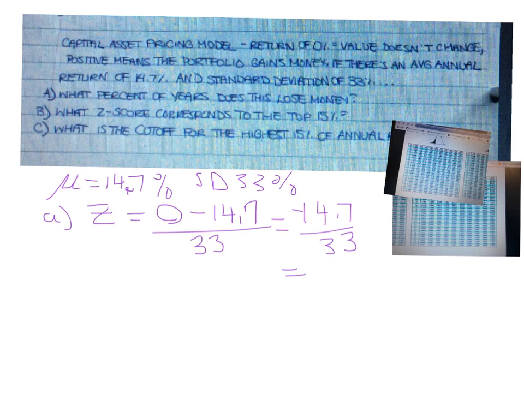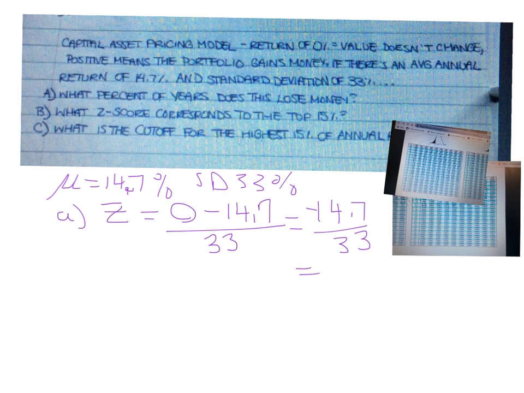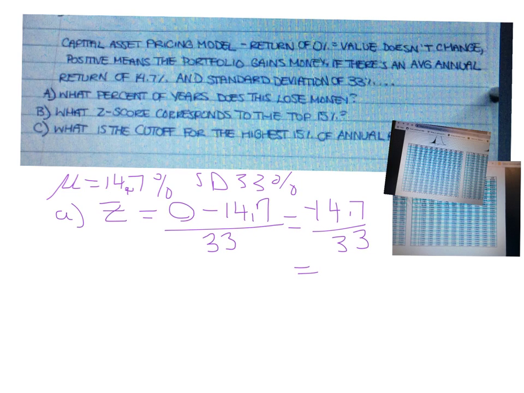that gives us a Z-score of negative 0.445. We'll round off to there, okay?